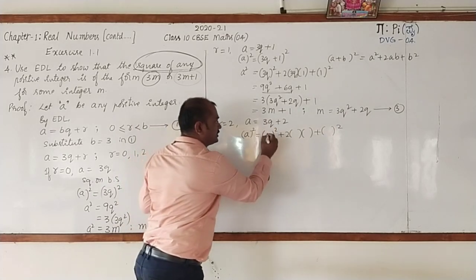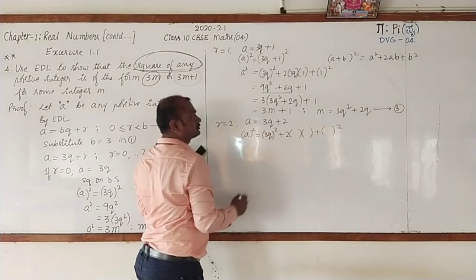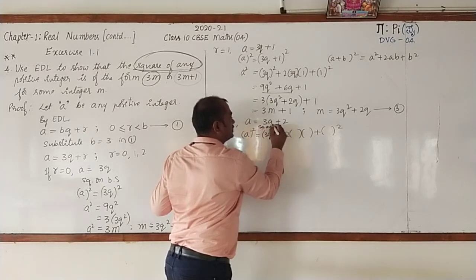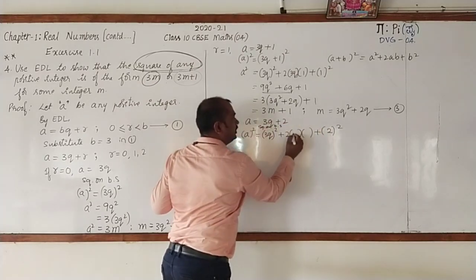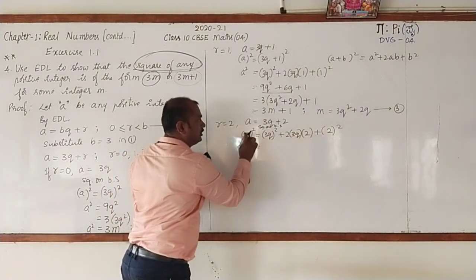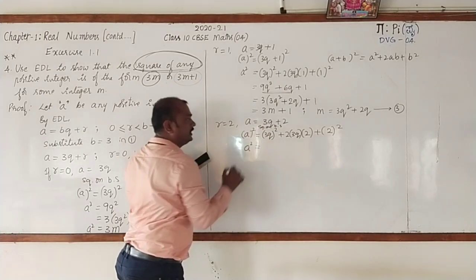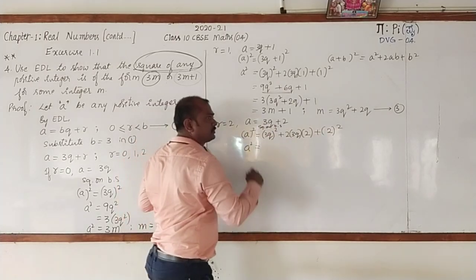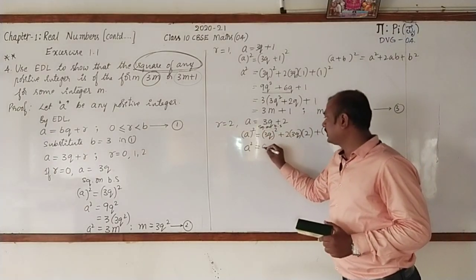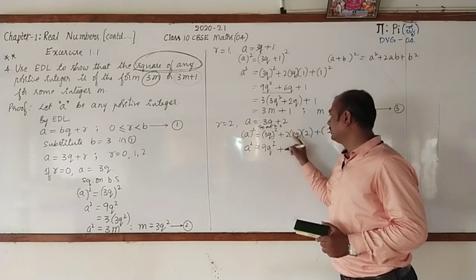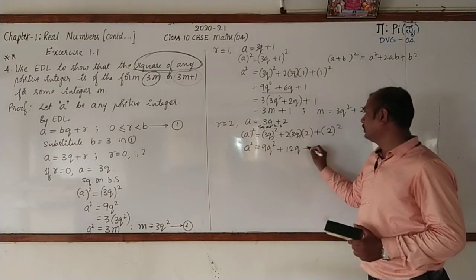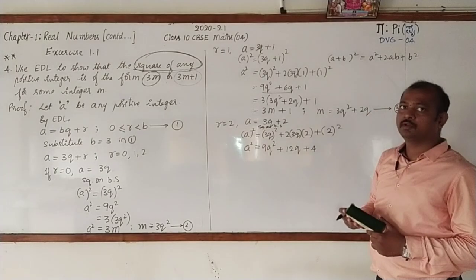Here a is 3q, b is 2. It is equal to 3q whole square, and again I should tell the same thing: apply square to both of them. 3 square is 9, q whole square is q square. 2 3s are 6, 6 2s are 12q. 2 square is 4.